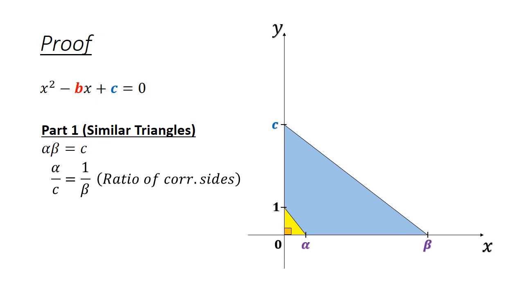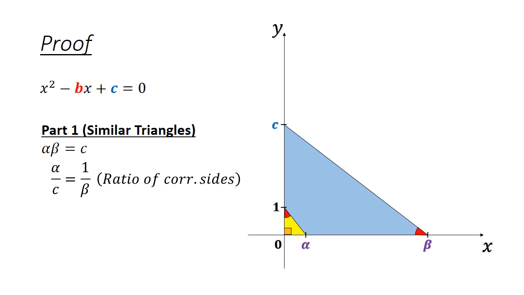Rearranging this, we get alpha over c equals 1 over beta. The base of the yellow triangle alpha corresponds to the height of the blue triangle c. The height of the yellow triangle 1 corresponds to the base of the blue triangle beta. Hence, the two triangles are similar.